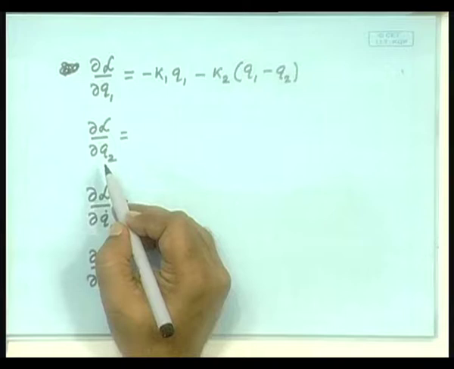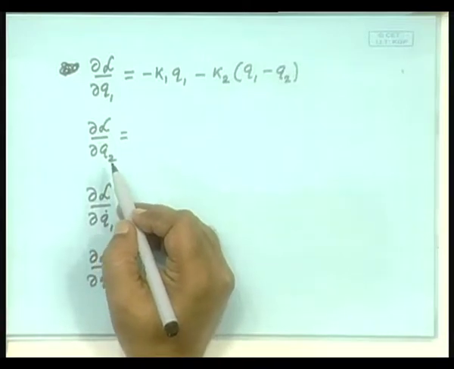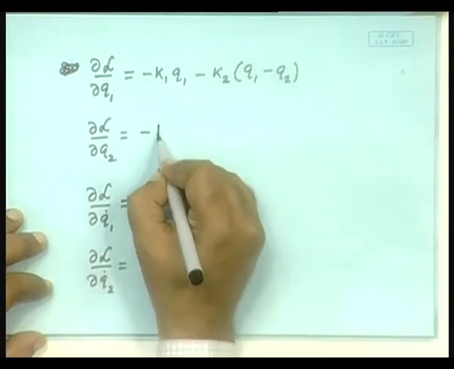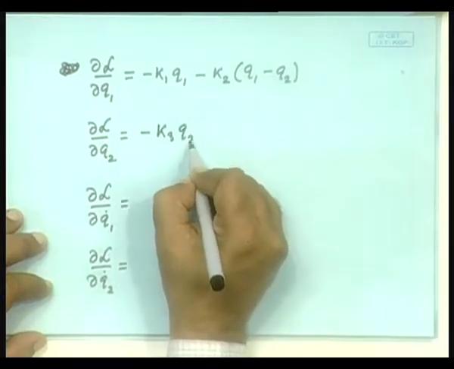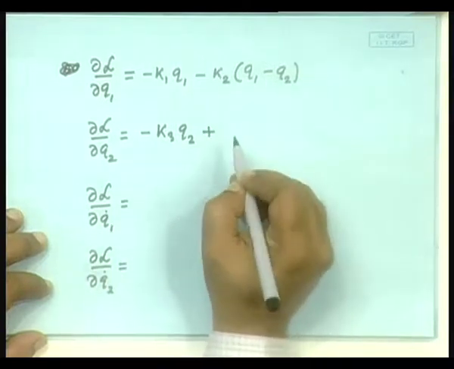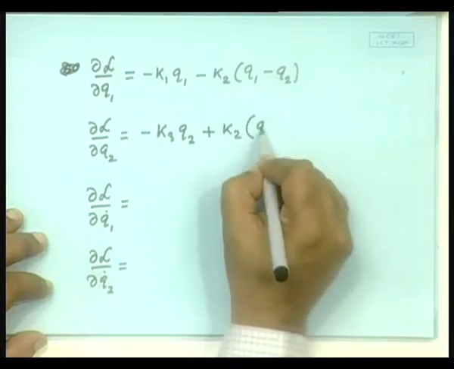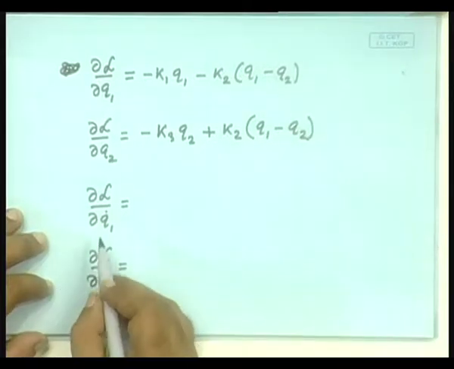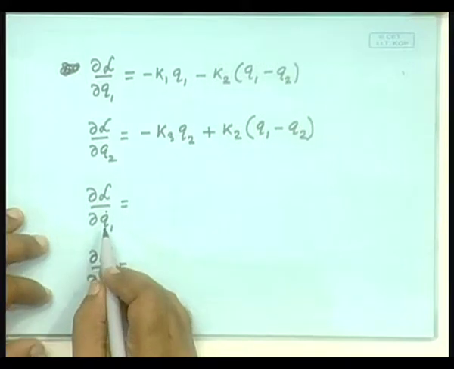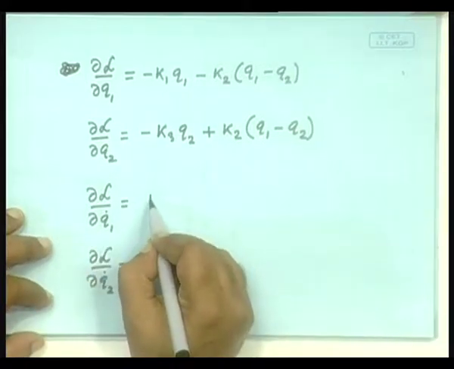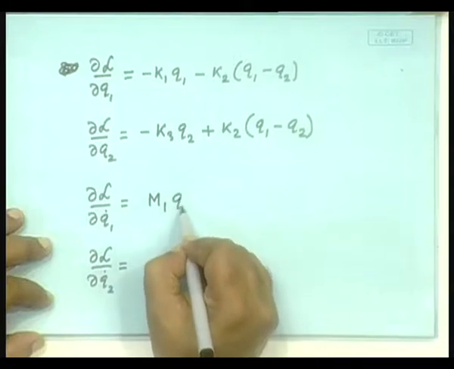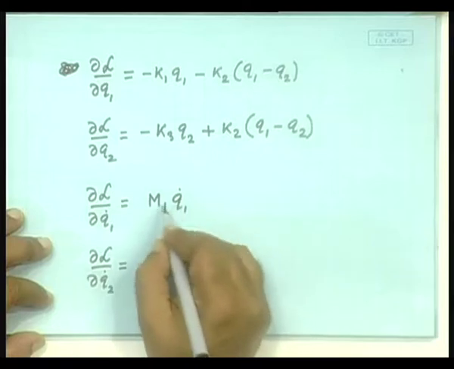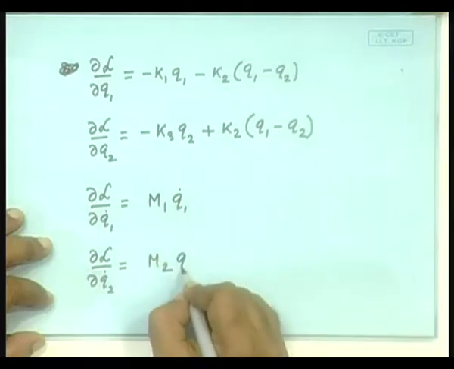Now here it will be minus k3 q2 plus k2 q1 minus q2. Then with respect to the generalized velocities, it is simple, m1 q1 dot and m2 q2 dot, these are the momenta, can you see that?